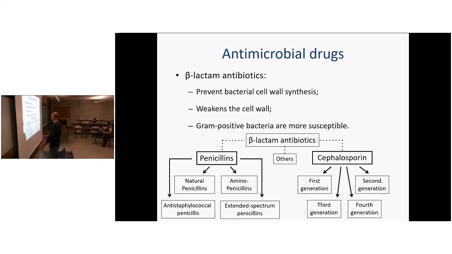Natural penicillins, so you have, for example, penicillin G. Penicillin G is probably today, in terms of relevance of these natural penicillins that are still used, the one that we continue to use every now and then, either for veterinary medicine or human medicine. And you have also benzathine penicillin.